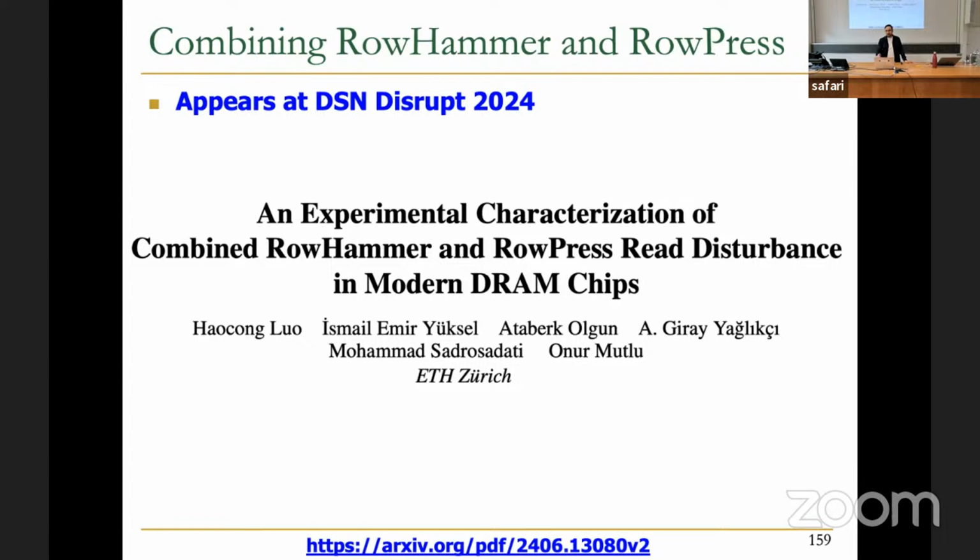So this is one of them that we'll talk about tomorrow as well, along with Rowpress. In this work, we combine RowHammer and Rowpress memory access patterns to achieve a more effective attack than both.